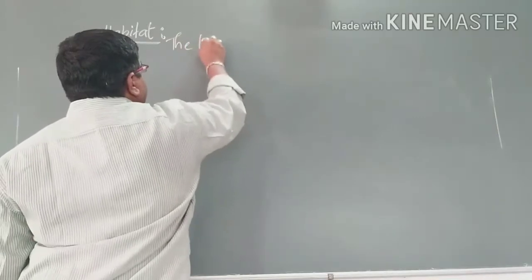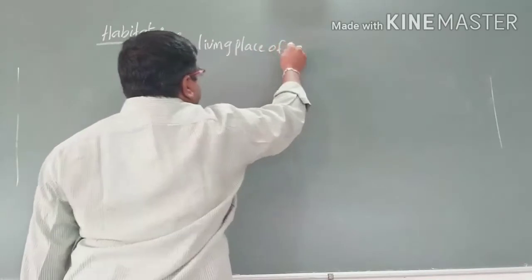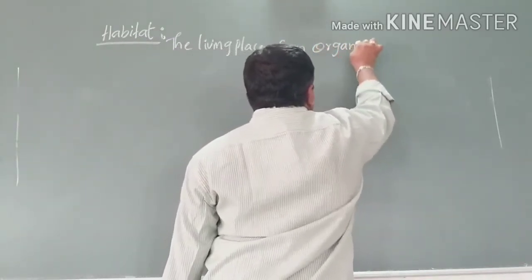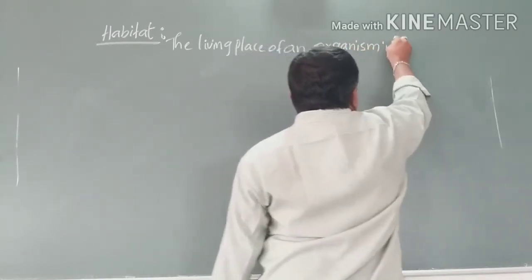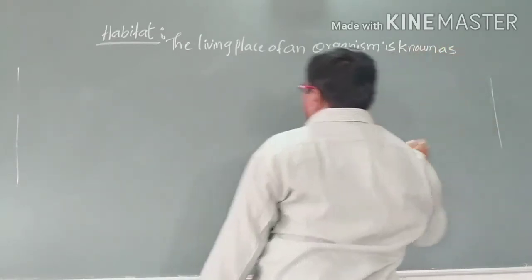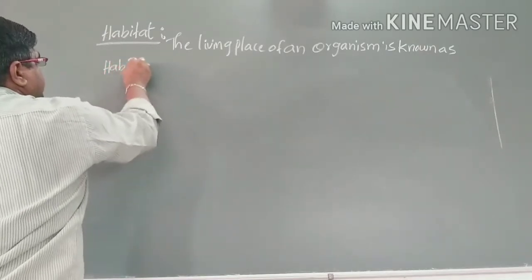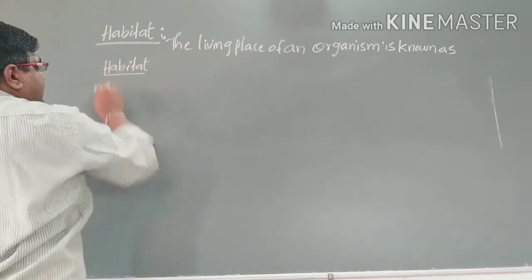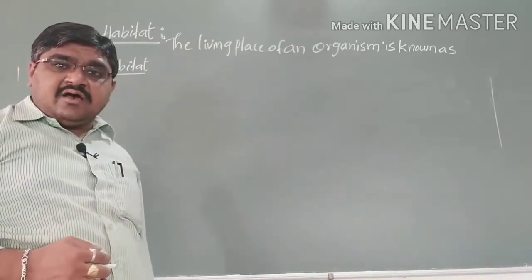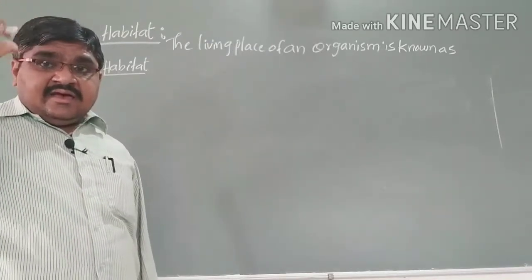The living place of an organism is known as the habitat. So habitat means the place where the living organisms are found, that means where they are living.